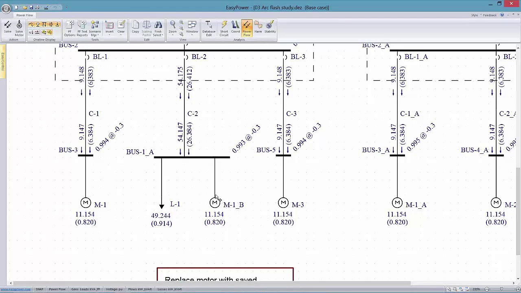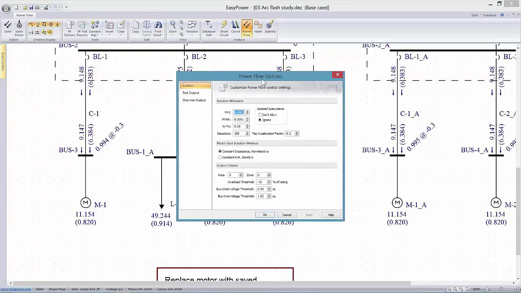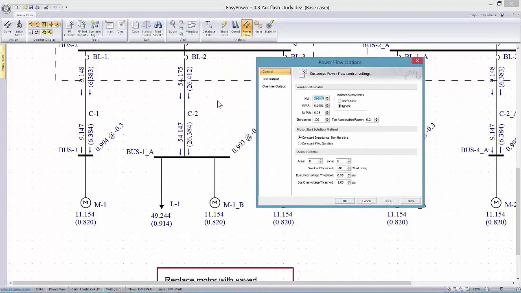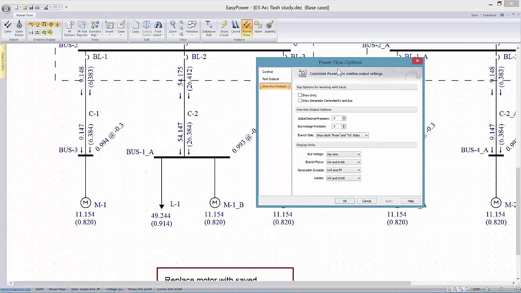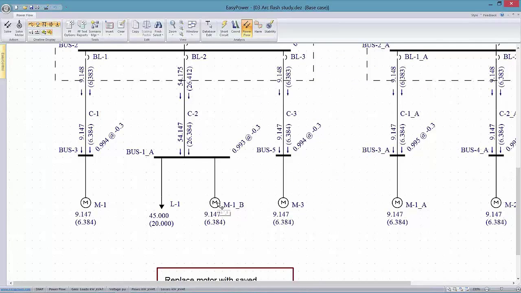I believe if we look at the power flow options, we can control the units displayed on the one line. And what we're showing for loads is, let's do kilowatts and kilovars first. Obviously, if this motor was not running at 100%, and very seldom do all motors run at 100%, this doesn't fairly reflect the condition of the plant.